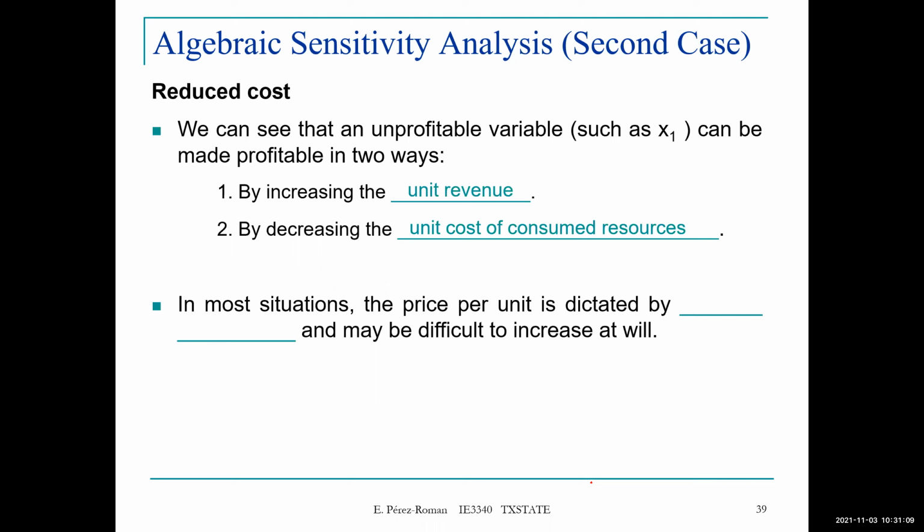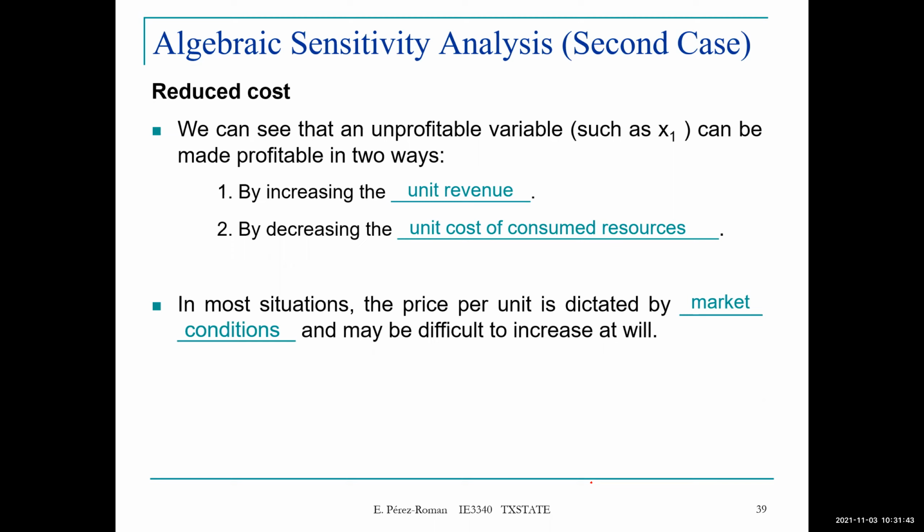In most situations, the price per unit is indicated by the market conditions and may be difficult to increase at will. So for example, if your iPhones are not selling because they are too expensive compared to the competition, or the benefit that you're getting compared to the cost of producing the iPhone is negative, and you try to increase the price, but the competition has smaller prices, then you might not end up selling those.